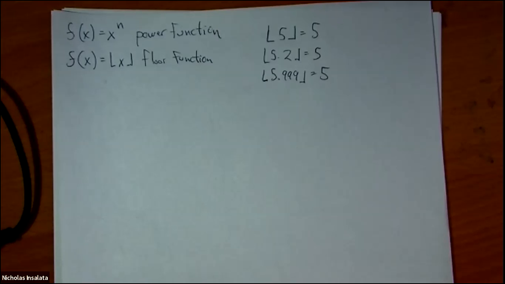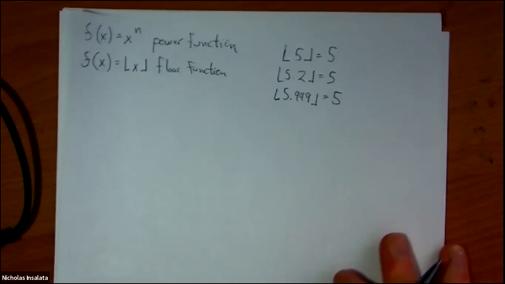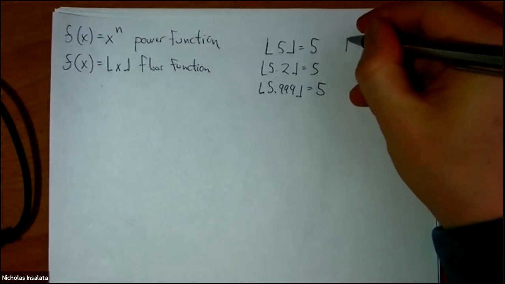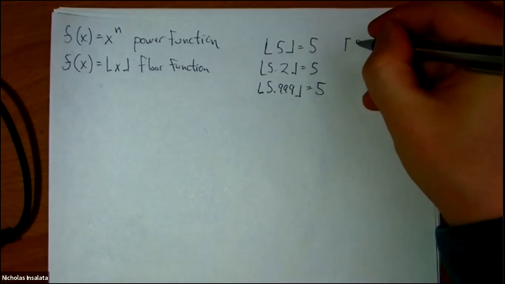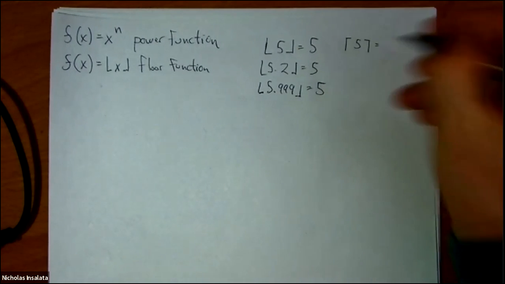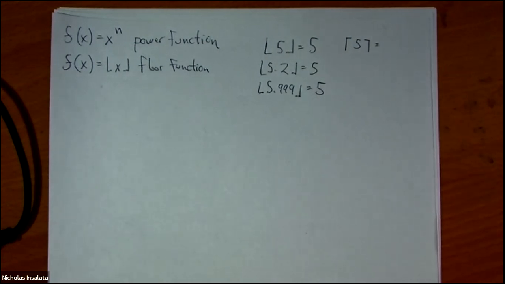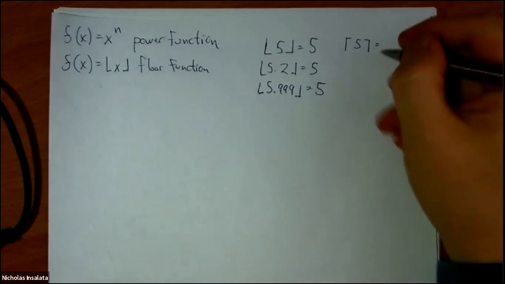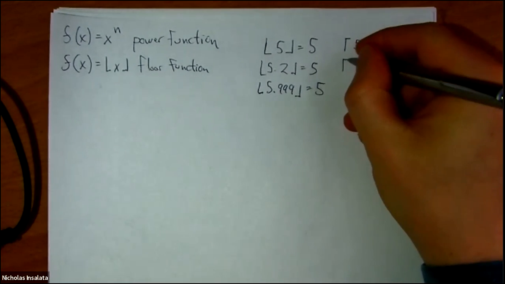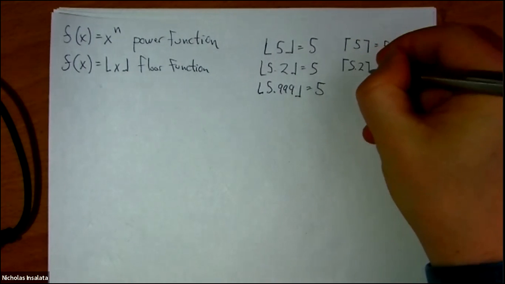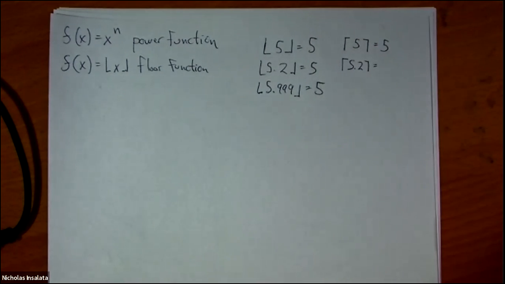That's the floor, right? And I should mention the ceiling as well. So the ceiling looks like this. So what's the ceiling of 5? 5, good. Ceiling of 5.2? 6, good.